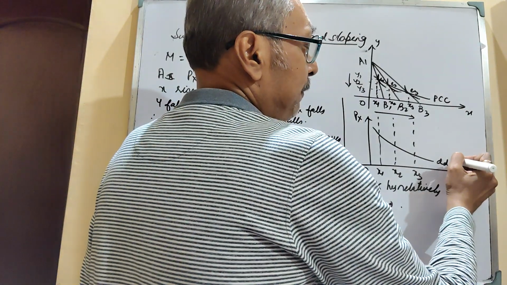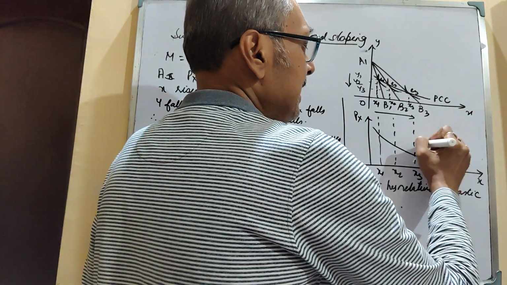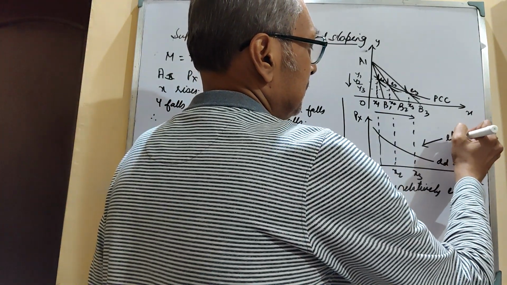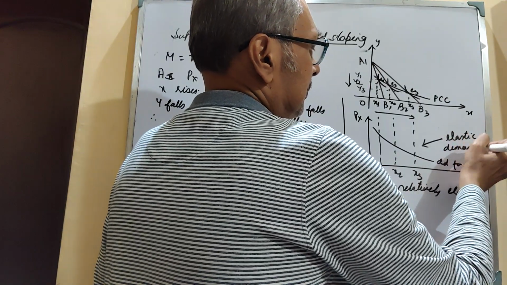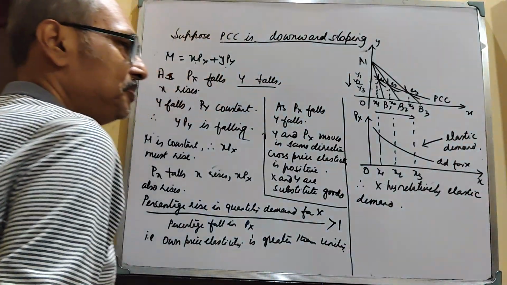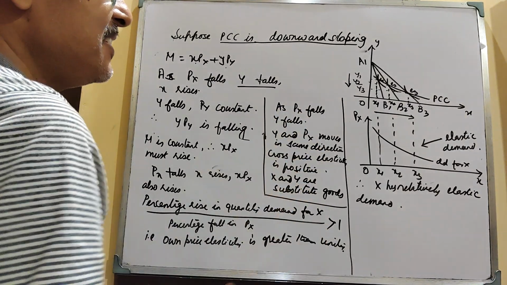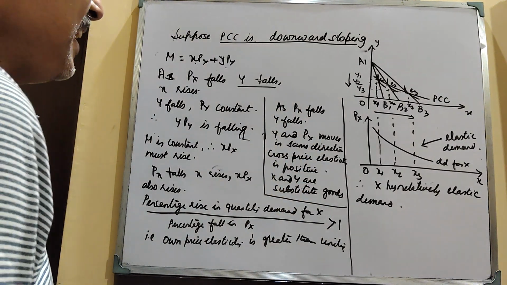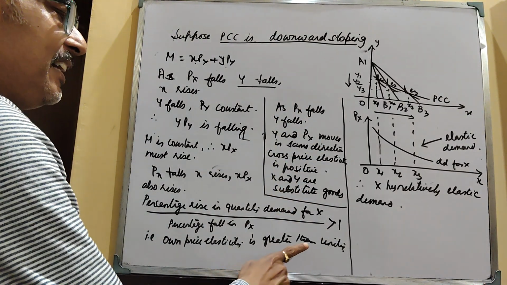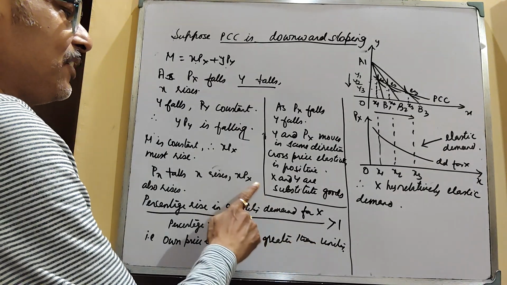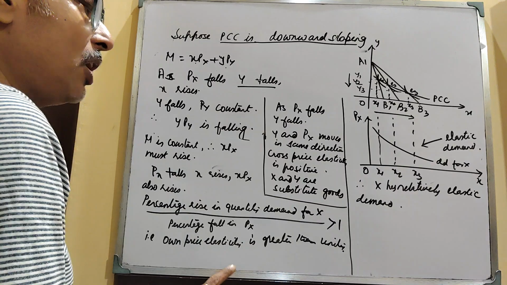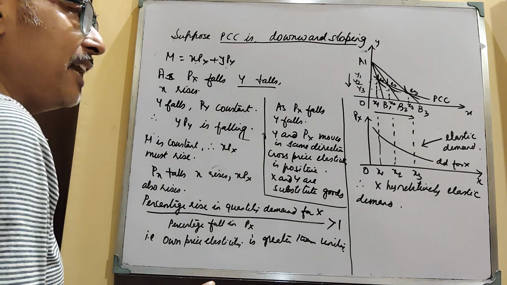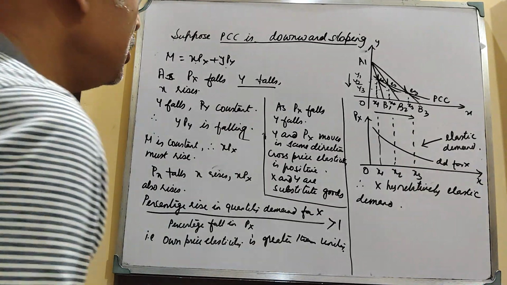Demand curve for X. Therefore, when the PCC is downward sloping, X has relatively elastic demand and X and Y are substitute goods, though not perfectly substitute.